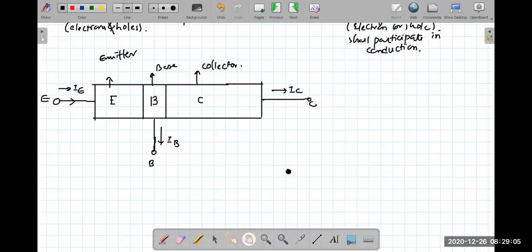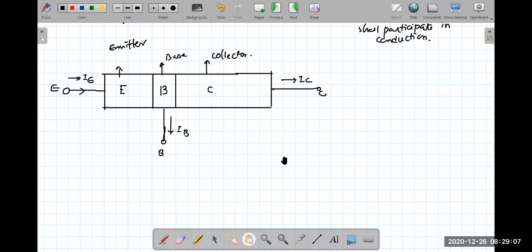So the role of emitter is that it emits the charges. Now the collector must collect the charges. Is that right? You see, this is supplying charges into it. Let's say we're talking about holes, as in this is a PNP transistor. In this PNP transistor, the emitter is supplying holes into the region.